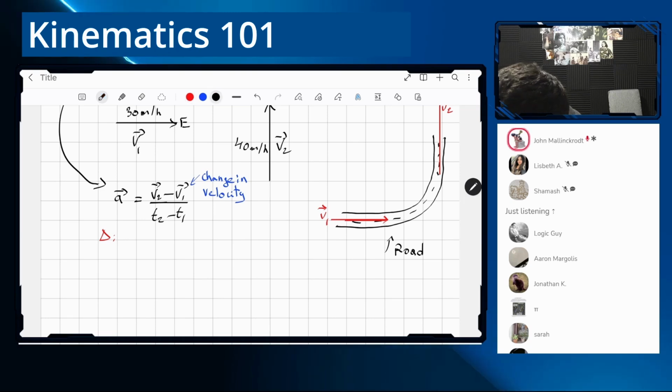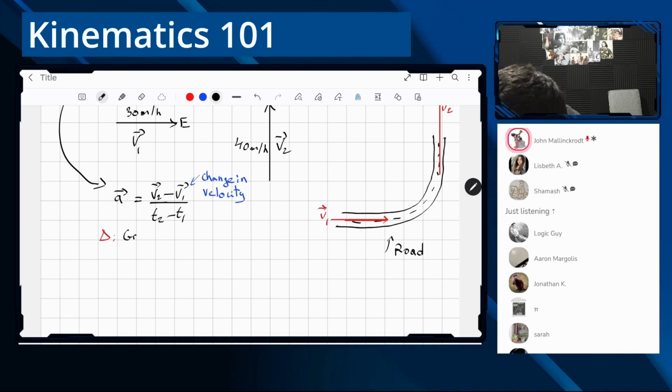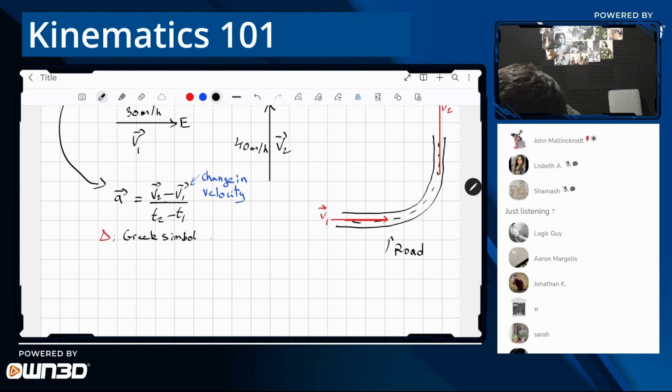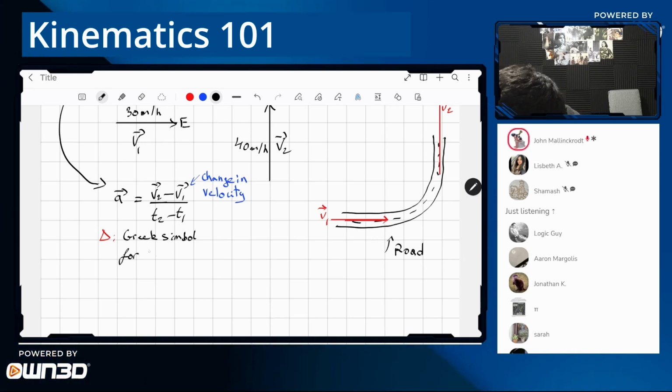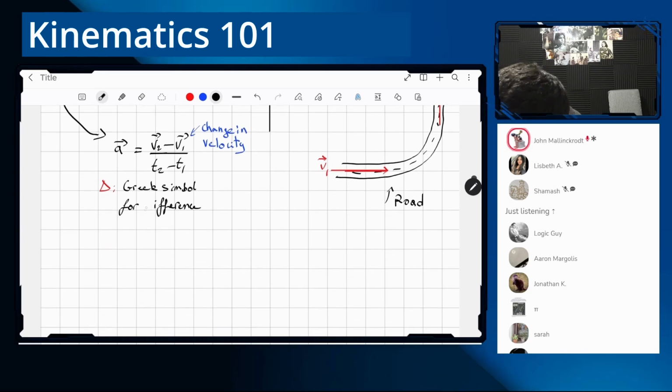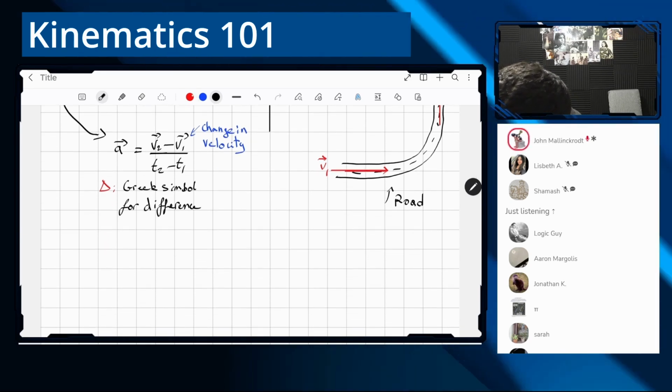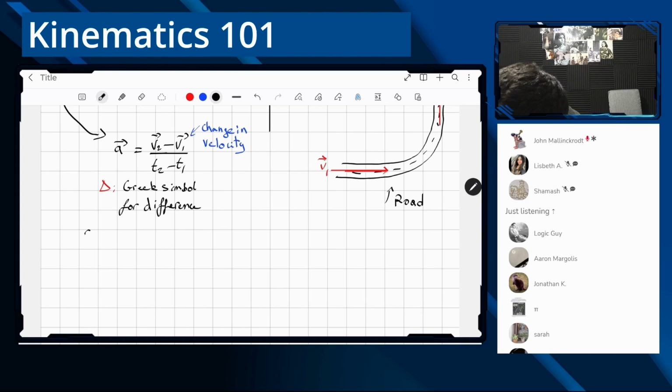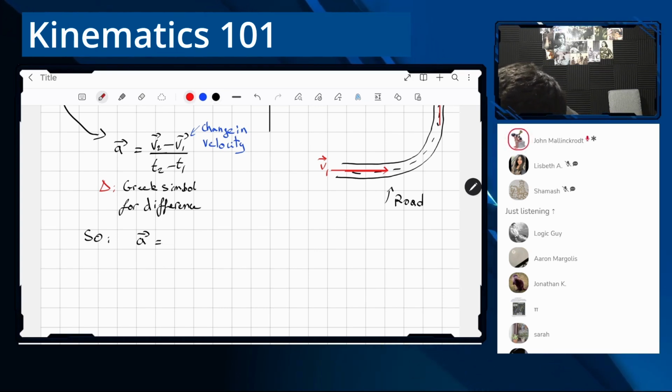I can rewrite that equation as V final equals V initial plus delta V. And this will be a nice way to get to how I actually find my delta V. So once again, either draw your V initial or just use the one you already drew.